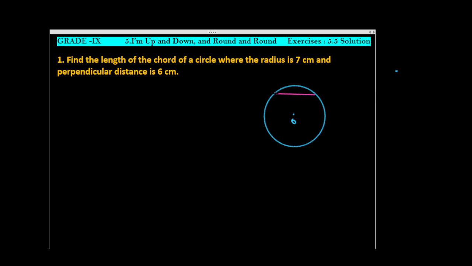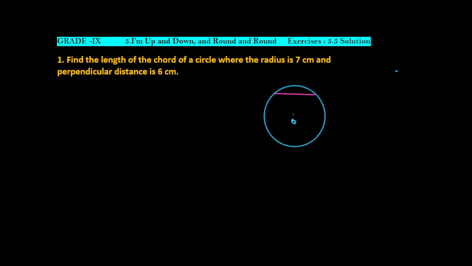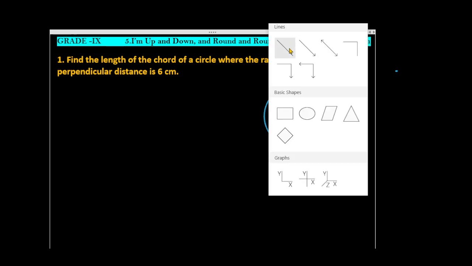For finding the length of the chord, the information given here is the radius is 7 centimeter. One more piece of information given is the perpendicular distance.